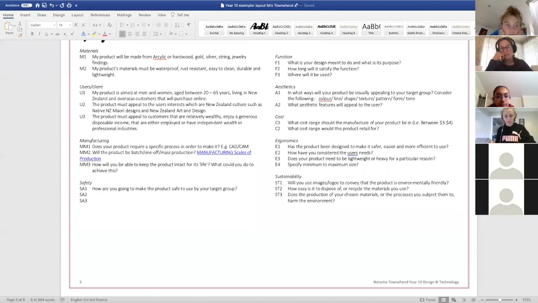What are we considering about the user's needs here? What are their needs? Does the product need to be lightweight? I would say yes, it does need to be lightweight because it needs to be worn on the body and you don't want it to weigh down.